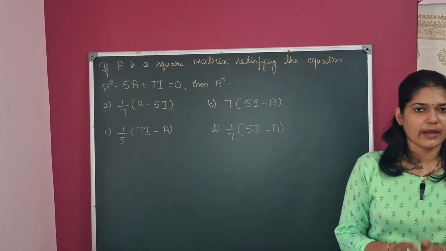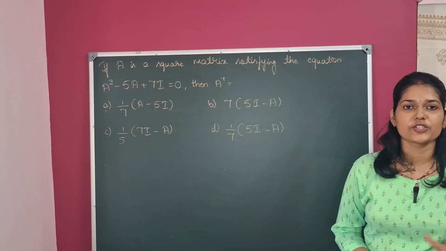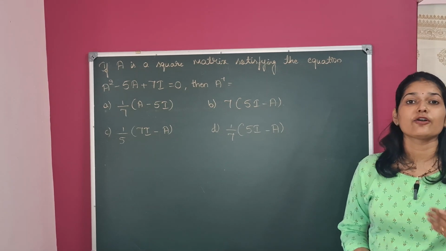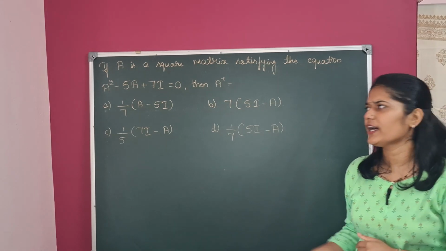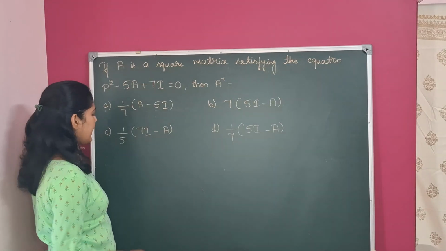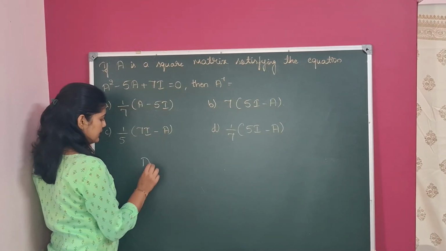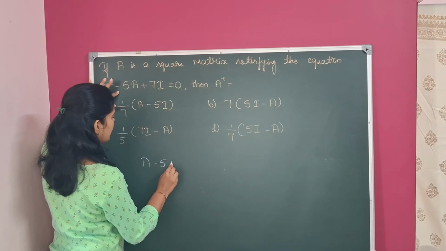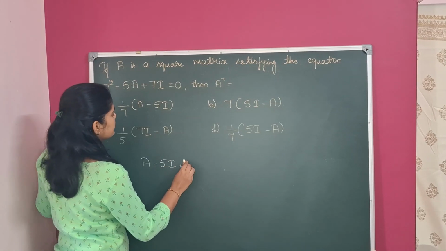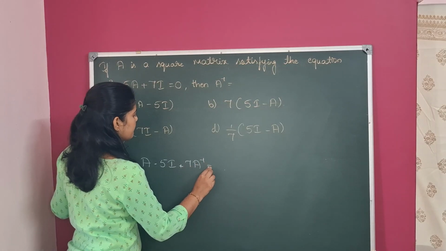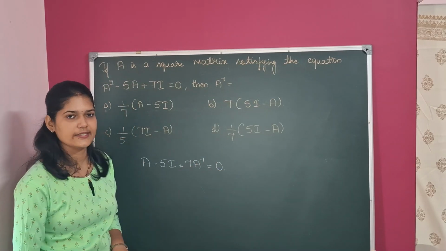So they have given a matrix which satisfies the equation A square minus 5A plus 7I equal to 0. Then we have to find A inverse. For that, multiply the whole equation by A inverse. Then A square into A inverse means A, minus 5 A into A inverse means I, plus 7 I into A inverse means 7 into A inverse, which is equal to 0.